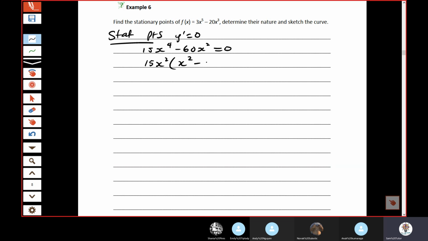And then you're left with x squared take away 4. Is that right? x equals 0, x equals 2, x equals negative 2. Yep. What did you get for y values, Novak? Negative 64. So negative 64 for the positive case? Yes. Done.